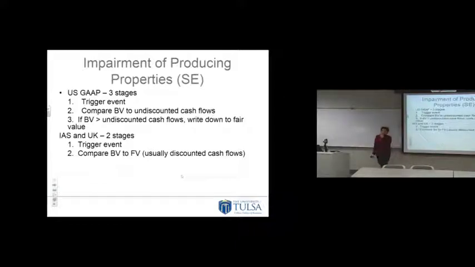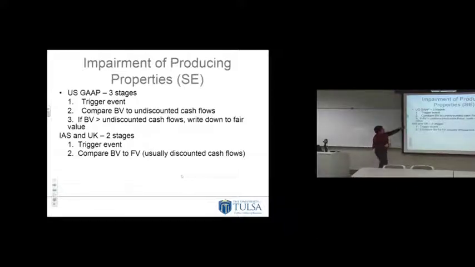And then I'm going to compare that to undiscounted future net cash flows. Undiscounted. So again, obviously those of you who work with this, there's computer programs out there. You're going to put in for the field future production from now till whenever you think production's going to end, and you're going to put in your forecast prices, you're going to put in your forecast cost, and you're going to get undiscounted net cash flows, revenue minus cost.